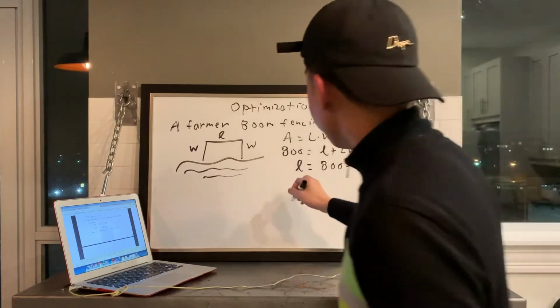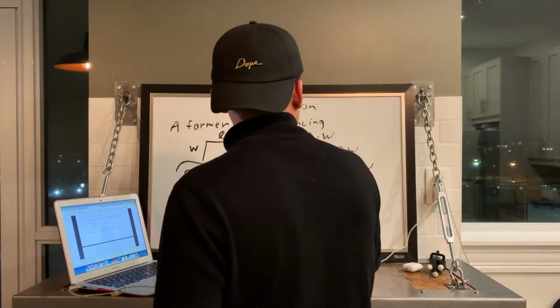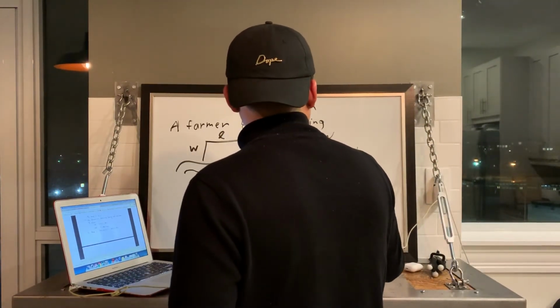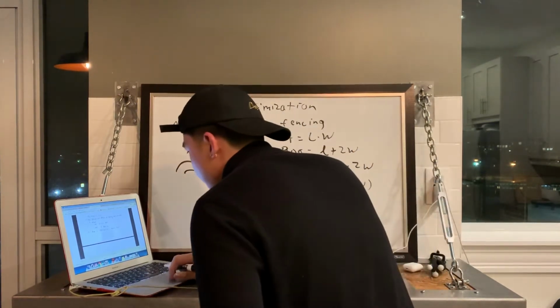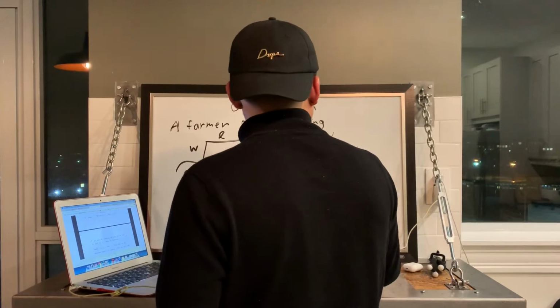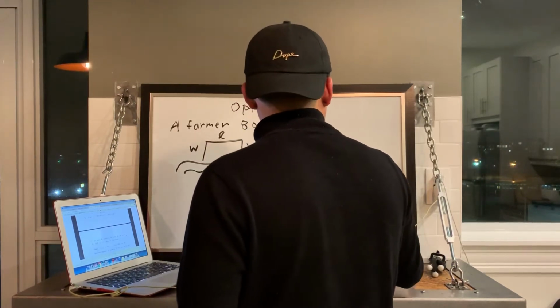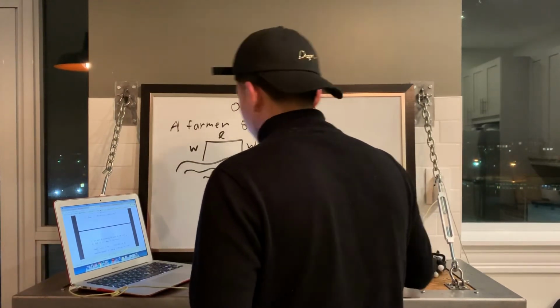And I can sub that in there. So A equals 800 minus 2W times W. So what I have is 800W minus 2W squared.